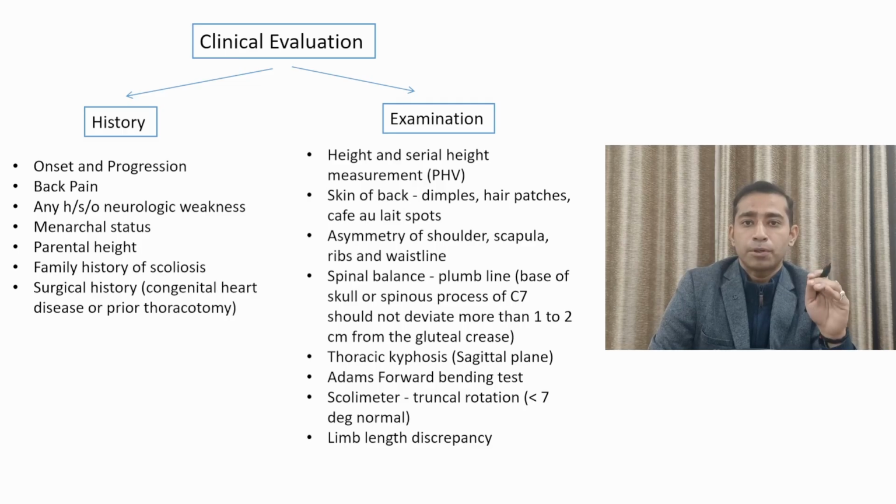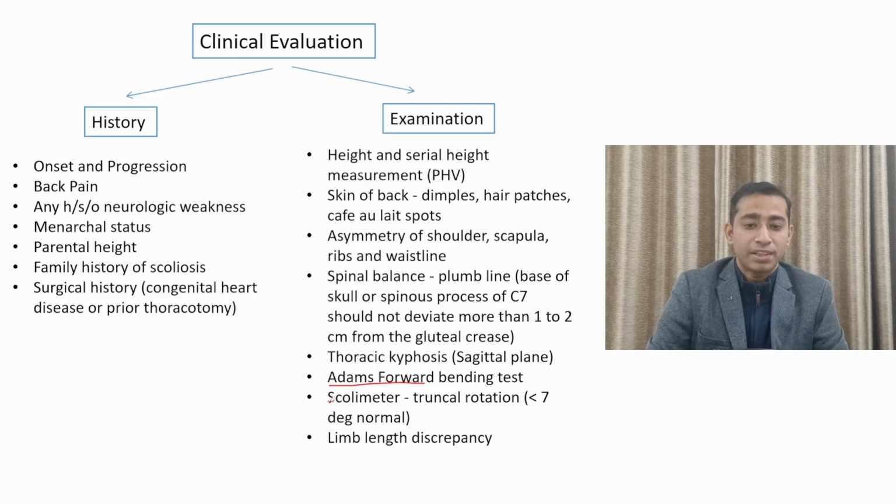To differentiate between a functional and structural scoliosis, we do the Adams forward bending test. The patient is asked to bend forward. A true scoliosis or a structural scoliosis, due to the vertebral rotation, becomes more prominent, whereas a functional scoliosis disappears on forward bending.